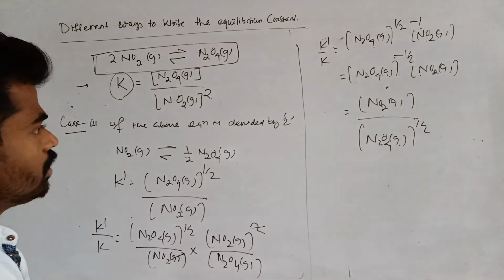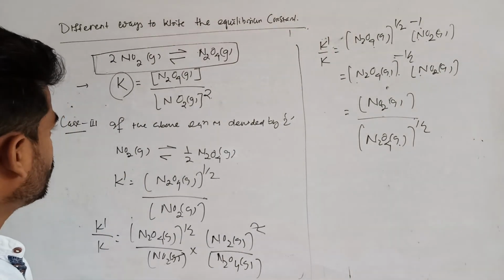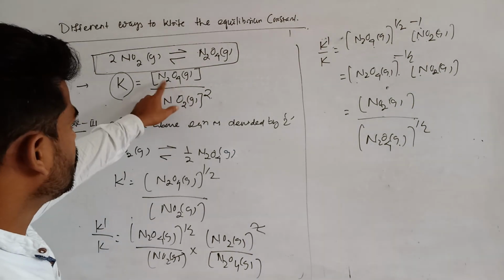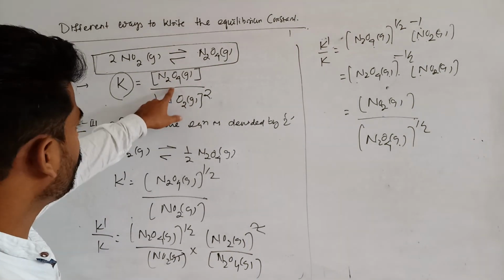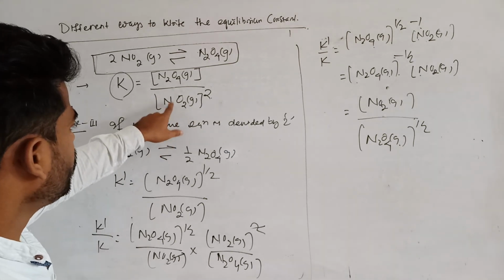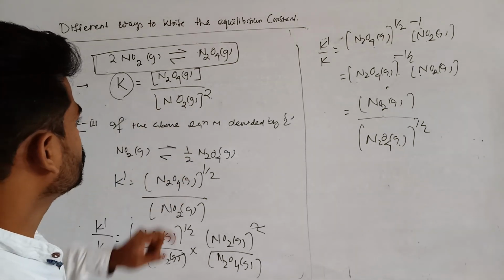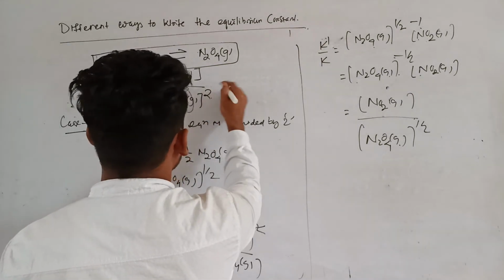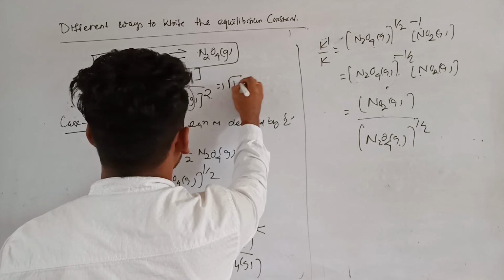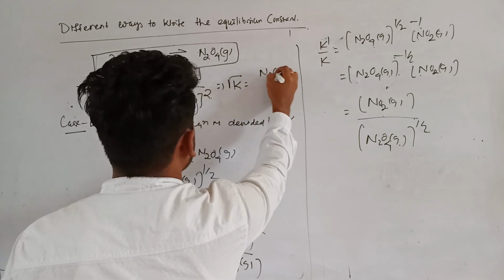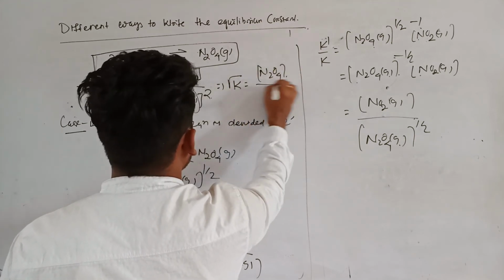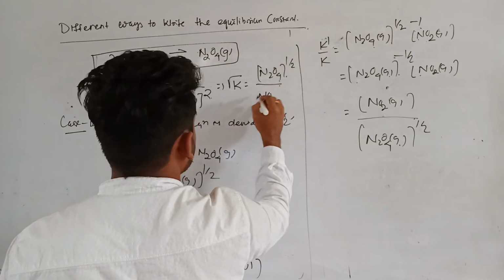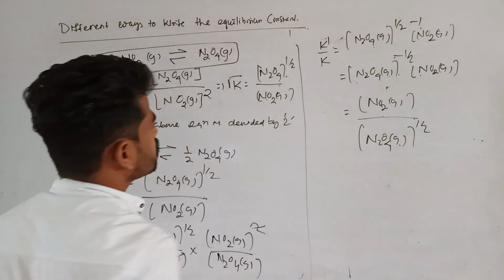Clear? So here you see this N2O4, just find out the relationship between these two. N2O4 divided by NO2 whole square. So you just find out its root. If I find out root K, that will be equal to N2O4 divided by NO2 to the power 1 by 2. Clear?